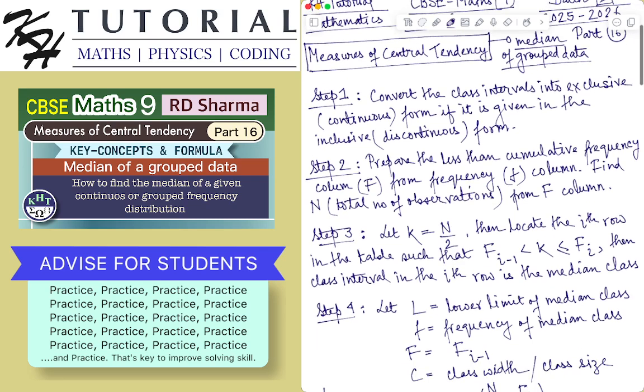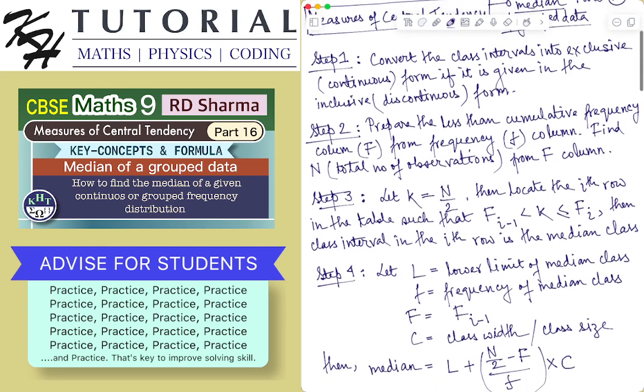The next step is that from the given frequencies, we will prepare another column, the less than cumulative frequency, which I name capital F, and the normal frequencies of each class, given as part of the distribution, are denoted by the small letter f. Now, the value of F in the last row gives the value of n, that is the total number of observations.